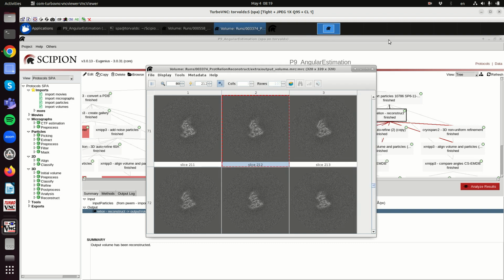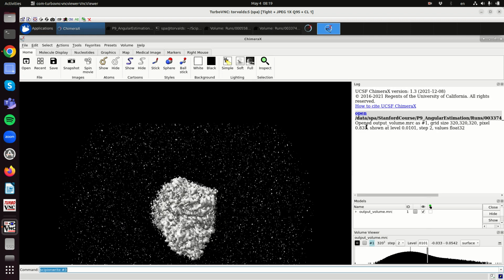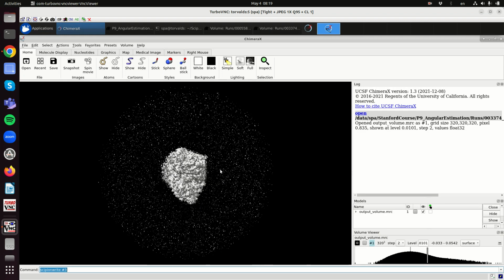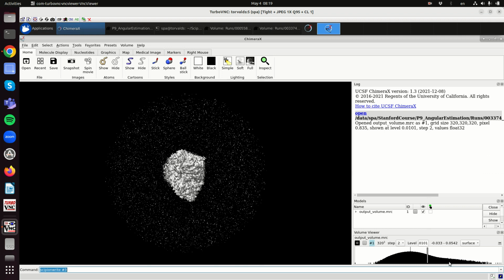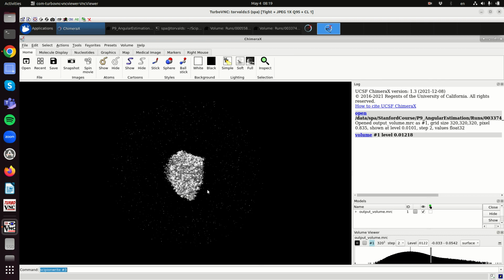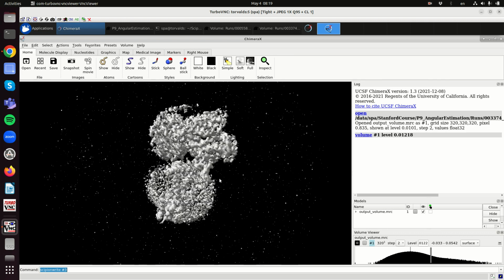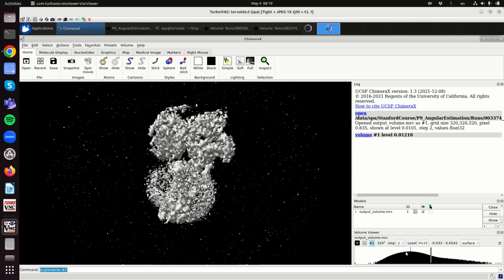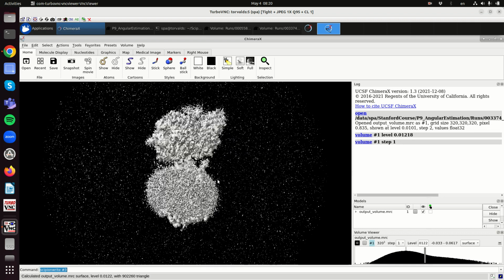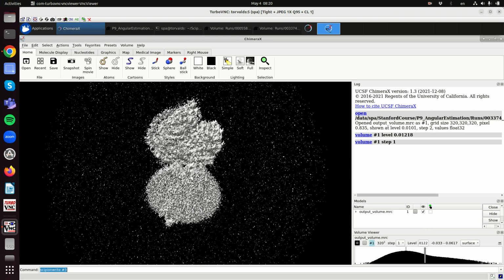And we can also look at it in Chimera. We will see first that all these small points around are caused by the noise, and then we can get in. Here we have this membrane in which the particles are embedded.